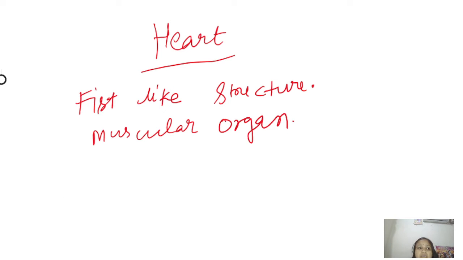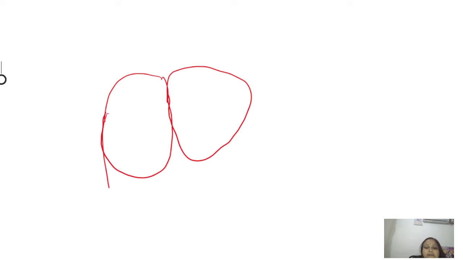If we see the structure of the heart, I am going to make the structure of the heart. So the heart is like this. Right?